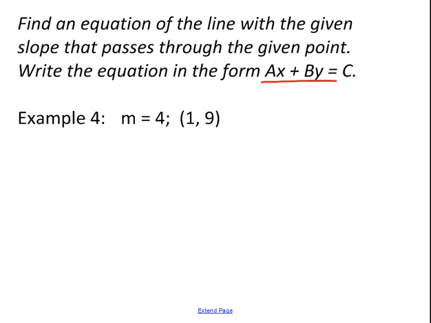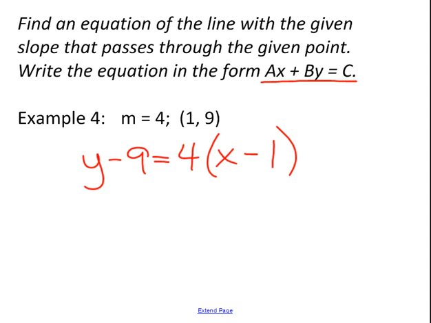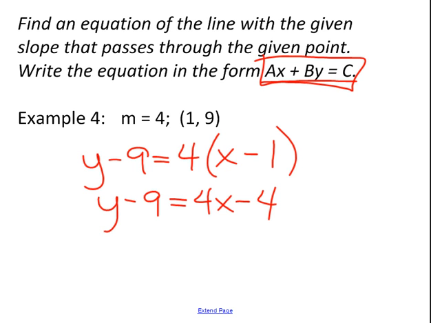Same deal. This time I want the answer in standard form. y minus the y value is equal to m, x minus the x value. Distribute the 4. Okay, now you have to put the answer in standard form. So I need the x over here, and I need the negative 9 over here.